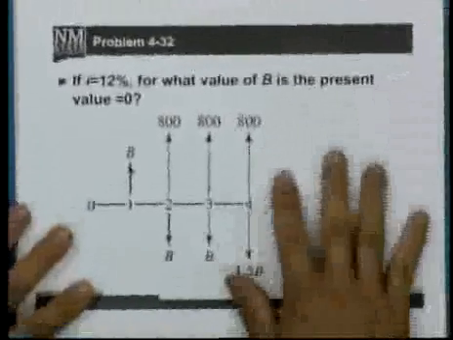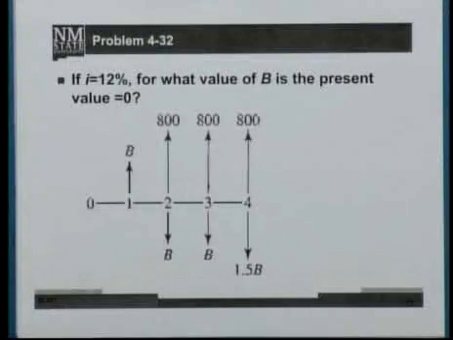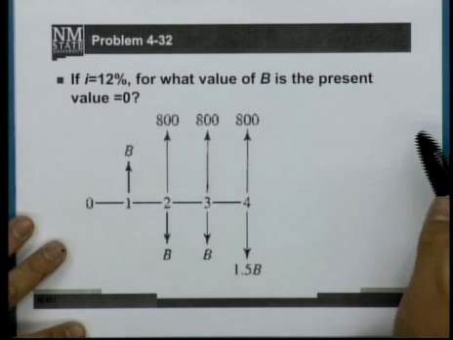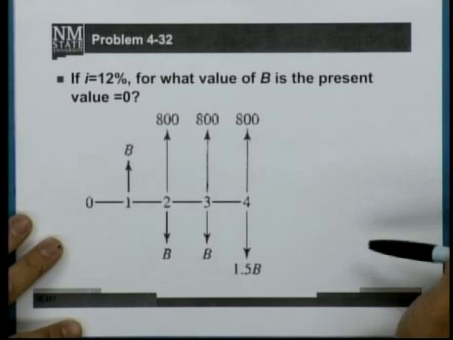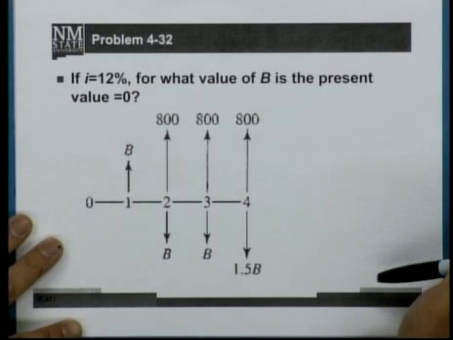Now let's solve problem 4-32. Okay, so here, if the interest rate is 12%, for what value of B is the present value of 0?